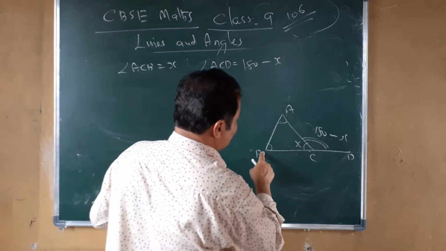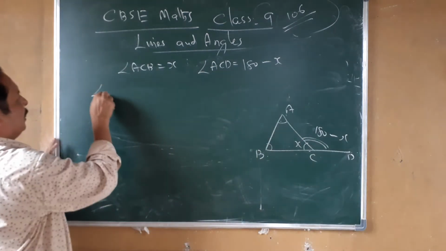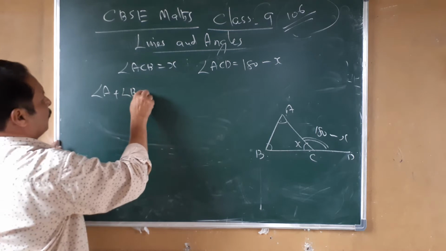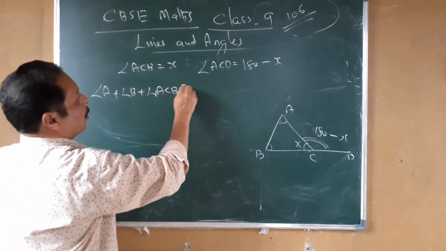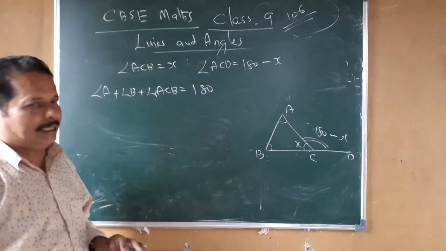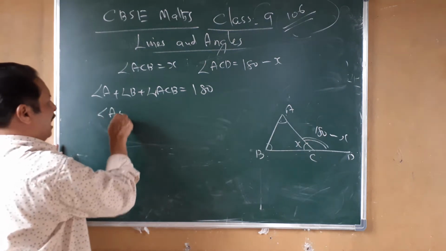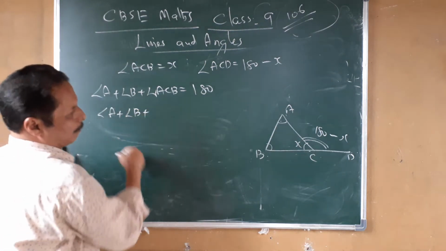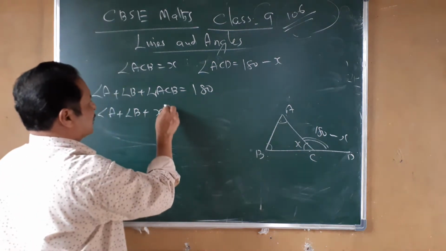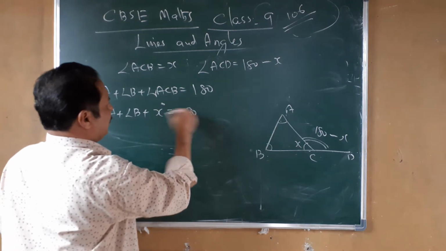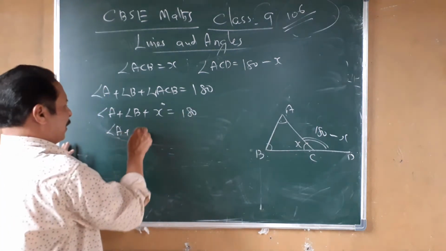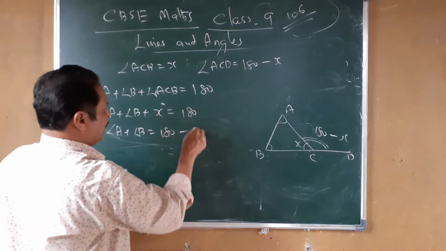Angle A plus angle B plus angle ACB, the sum of angles of a triangle, is 180 degrees. Therefore angle A plus angle B plus X equals 180 degrees, so angle A plus angle B equals 180 minus X.